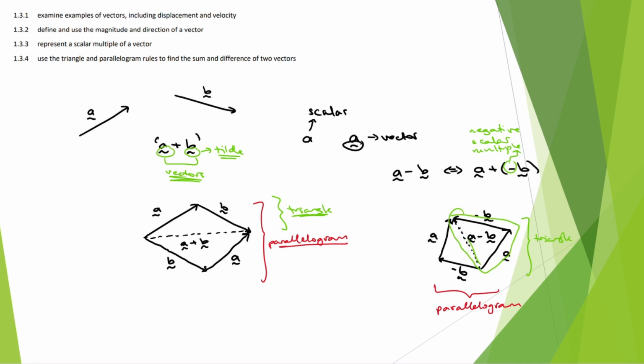There's also a triangle, and cumulatively they form an entire parallelogram. Okay, and so those are the triangle and parallelogram rules to find the sum and difference of vectors. So this is importantly the geometric interpretation of vector addition and vector subtraction.